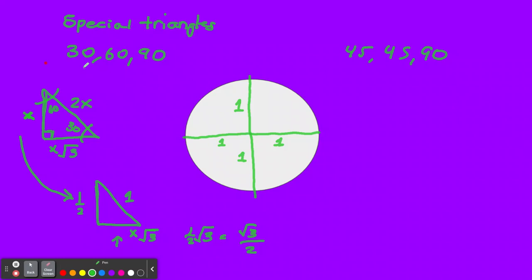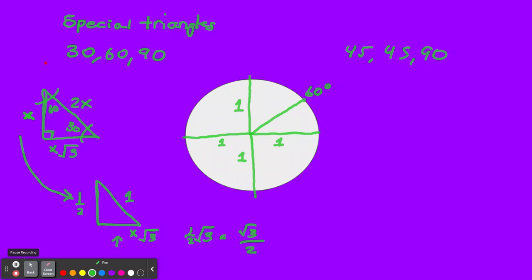So again, you have to remember these special triangles, the 30, 60, 90, and the ratios, and the 45, 45, 90. So let's say we have a unit circle, and we've created a triangle, and let's say that's at 60 degrees. So what would be the radians on that? Do you remember how we got the formula?